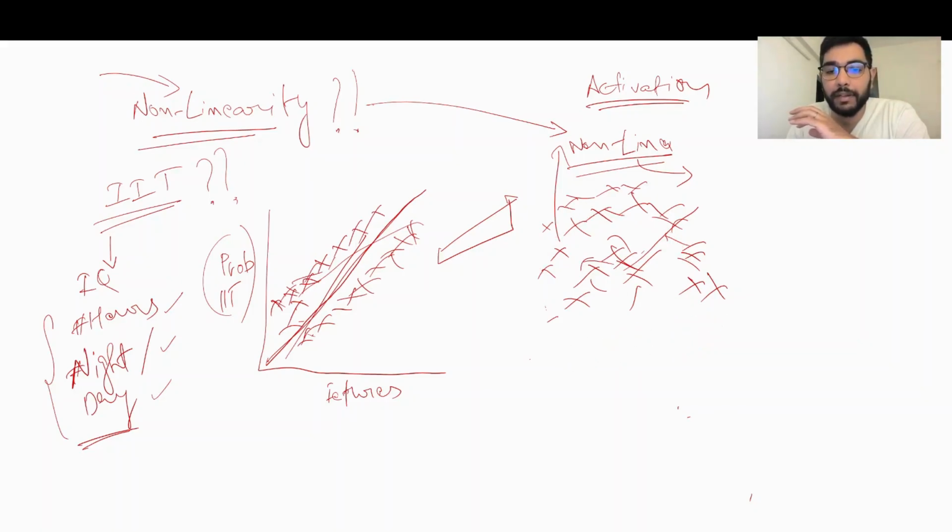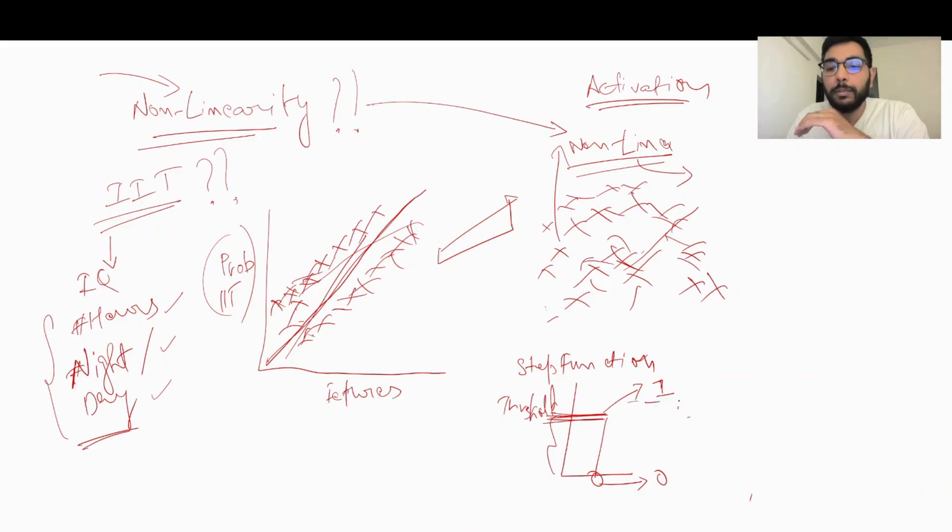Let's say the activation function we had over here is a step function, wherein if the summation crosses a particular threshold, the activation function will give the output as 1, and if not, it will give the output as 0. It's basically a firing function. If this threshold is breached, it will give the output as 1, else it will give the output as 0.